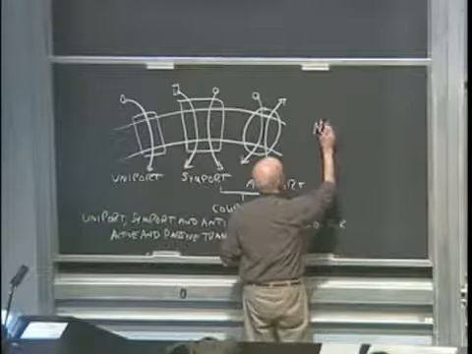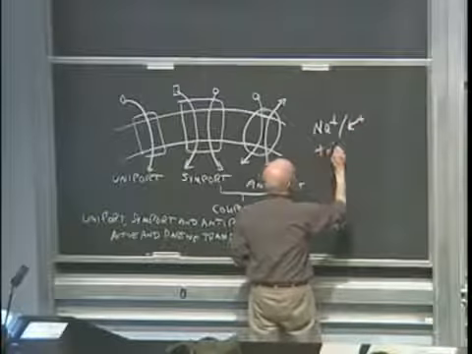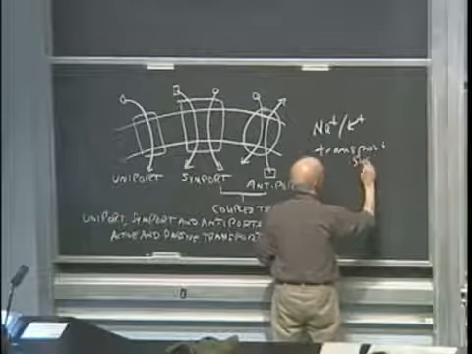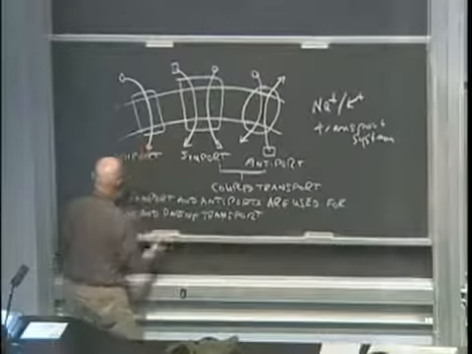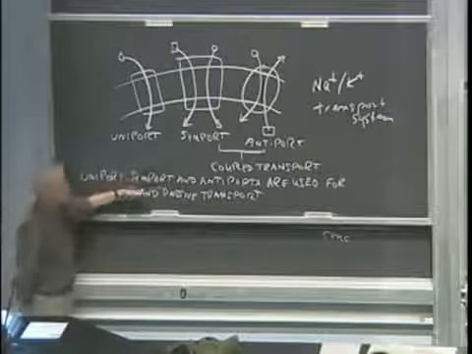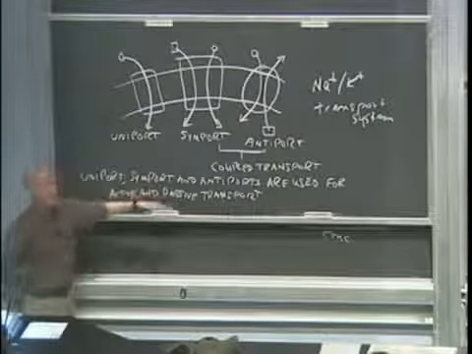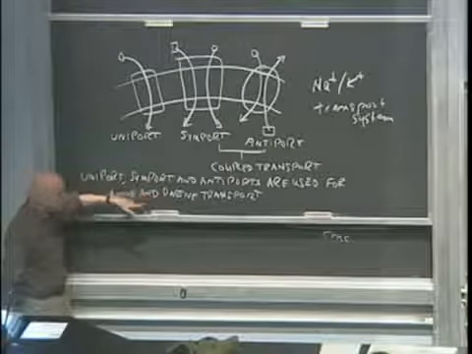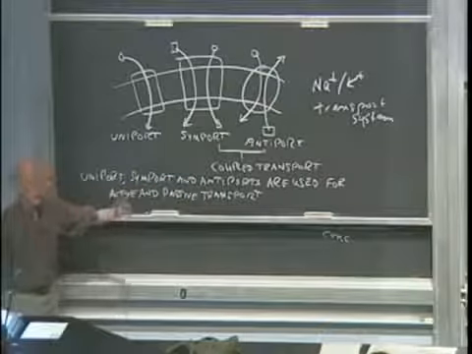The classic example of this, I mentioned already, is the sodium-potassium transport system, which I'll say a few words about in a minute. And it's important for you to realize that uniports, symports, and antiports are used for active and passive transport. Of course, active transport also requires energy.